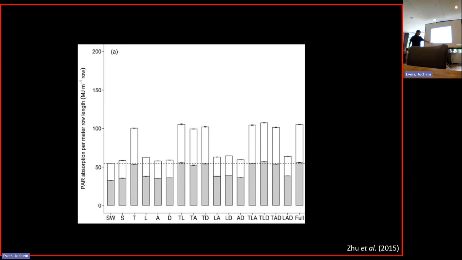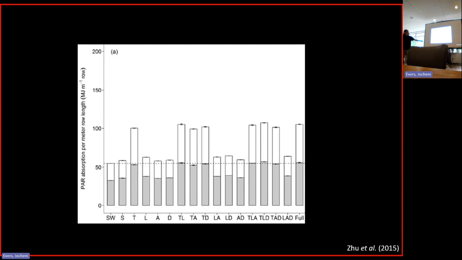What we see is the different traits: tillering, leaf size, leaf angle, and stuff like that. You can turn each into the monocrop value or the intercrop value, and then test what is the contribution to light capture in a monocrop or an intercrop situation. The take-home message of this chart is, wherever you see a high bar, there's a T involved. In other words, tillering.